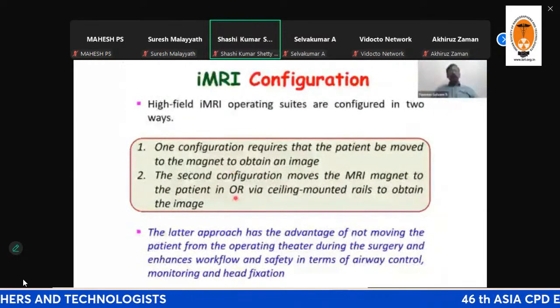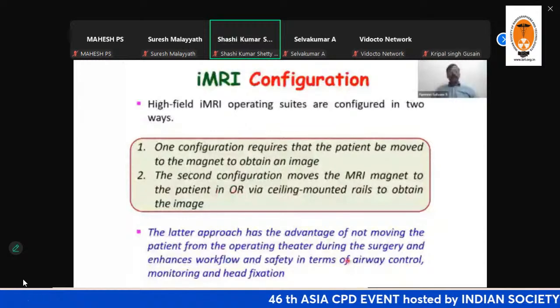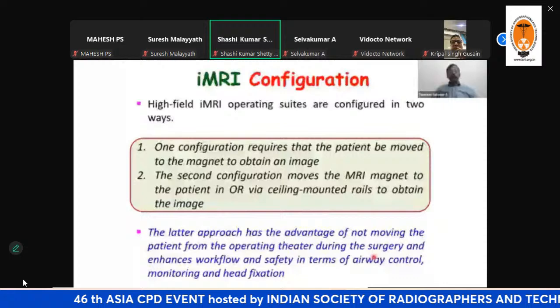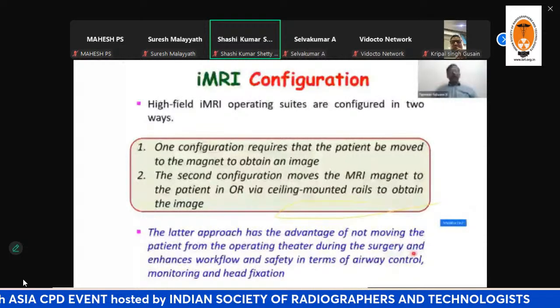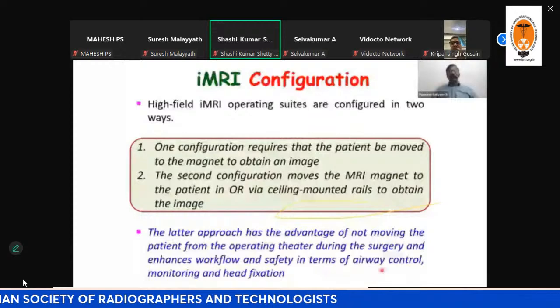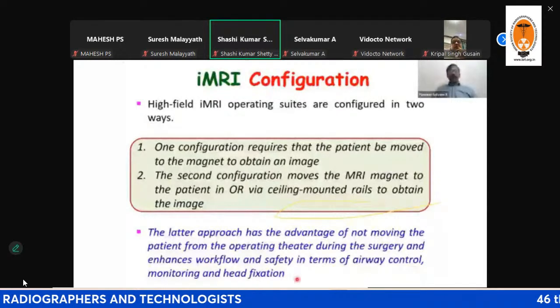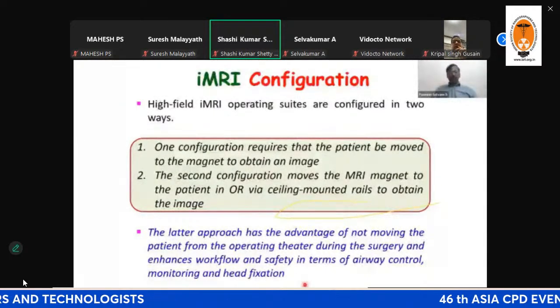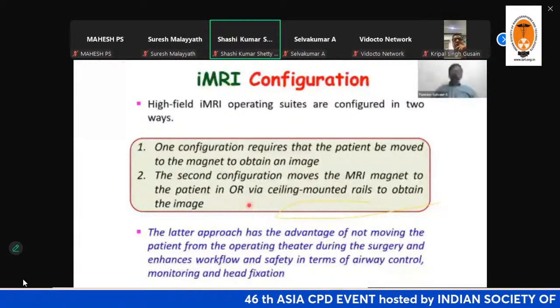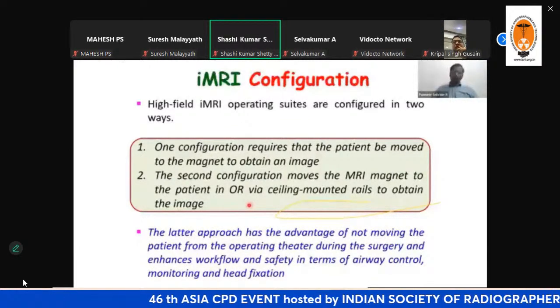Comparing the two configurations, the latter one has the advantage of not moving the patient from the operation theater during the surgery, which enhances the workflow and safety in terms of airway control, monitoring, and fixation. That is the advantage of the second configuration, but it is going to be expensive when compared to the first configuration.